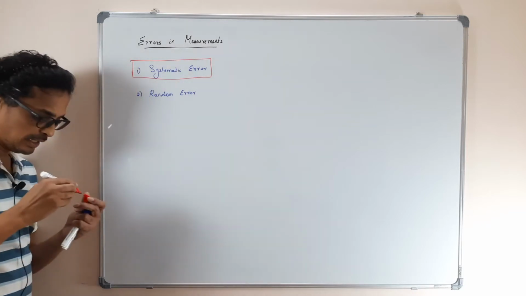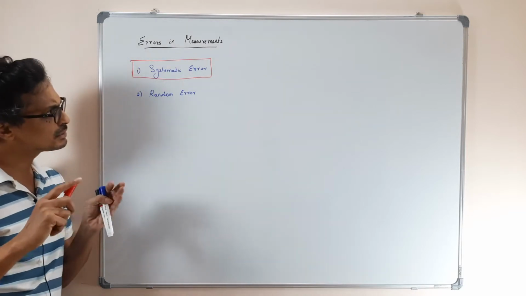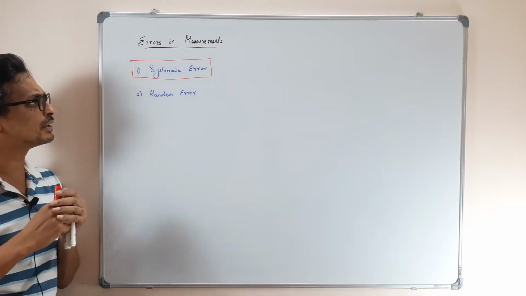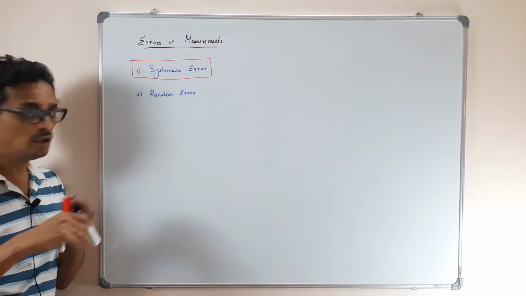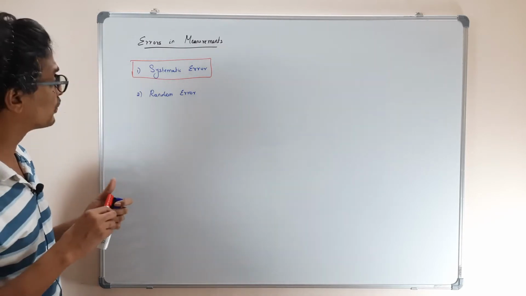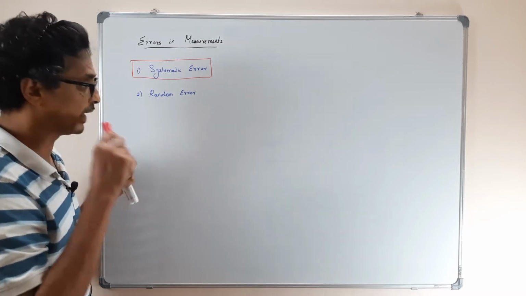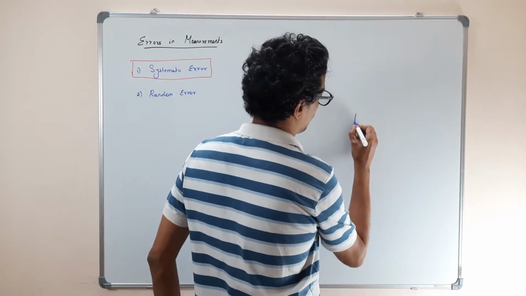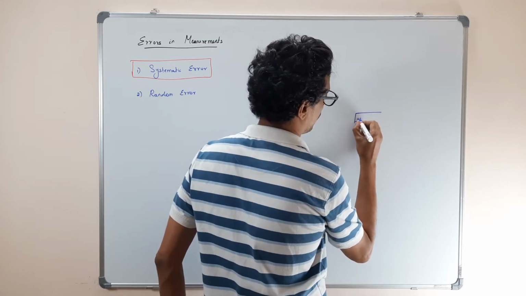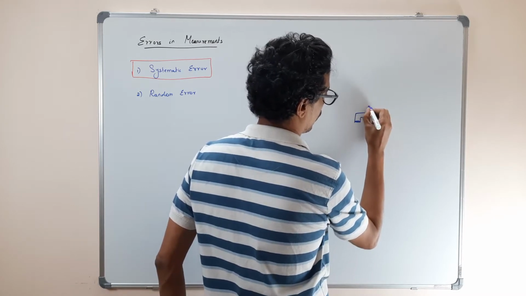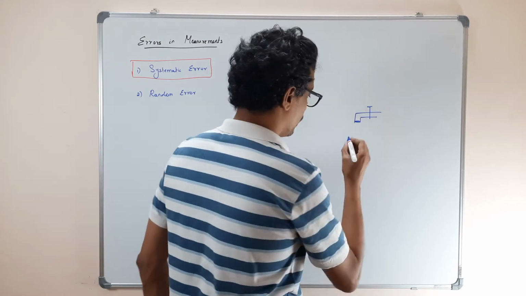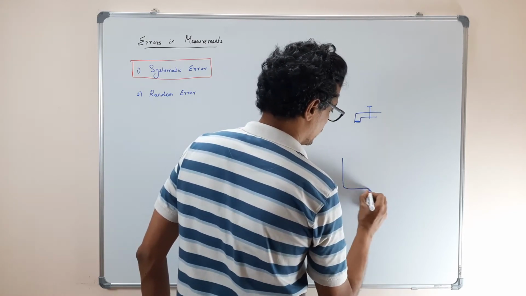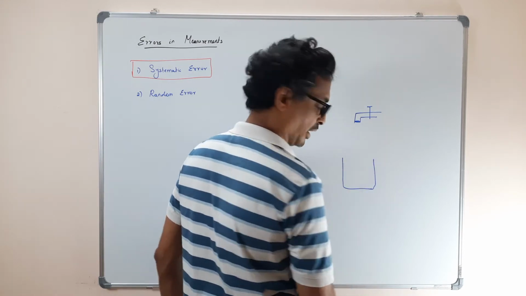A systematic error has more to do with the experiment we are doing. Let us try to do an experiment. I have a tap with a lock, and a measuring beaker.